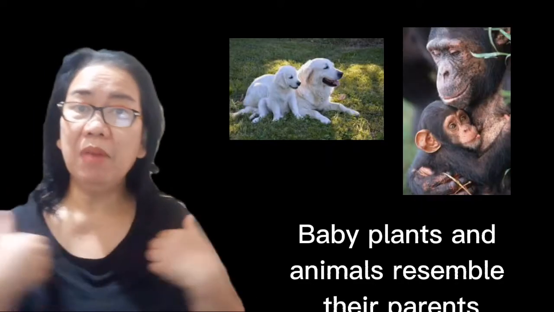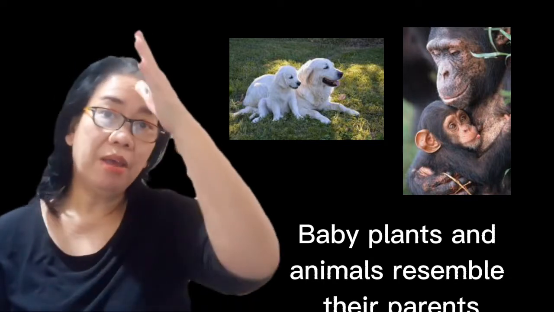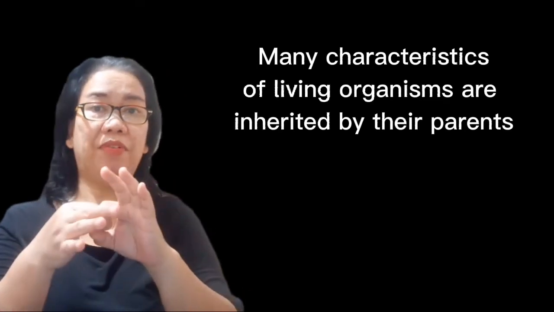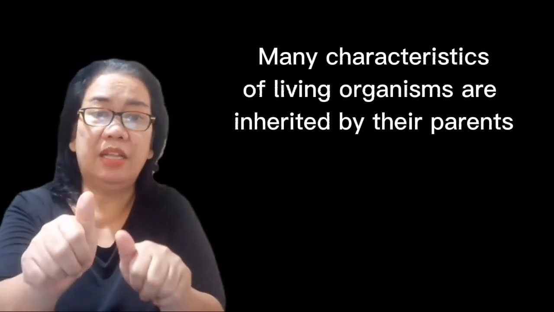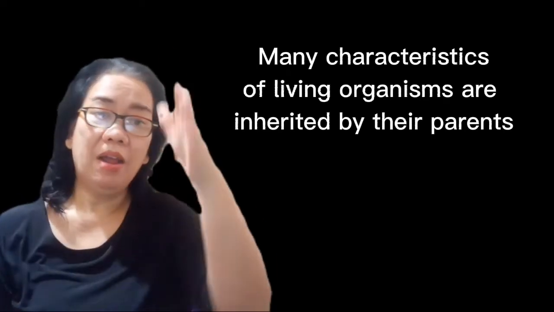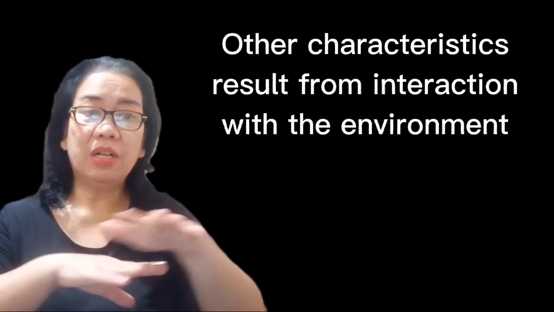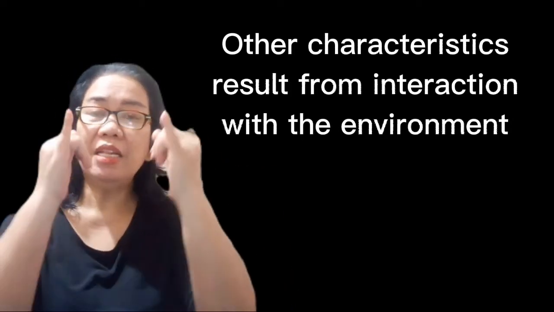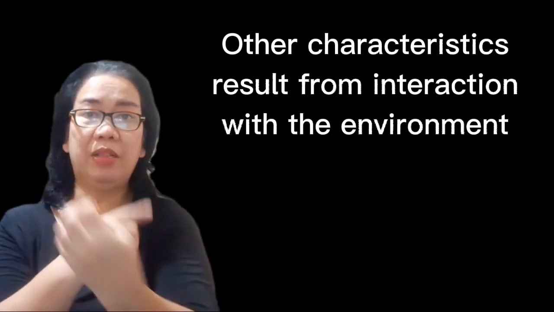Plants and animals mostly resemble their parents. Many characteristics of an organism are inherited from their parents but other characteristics result from any individual's interaction with their environment.